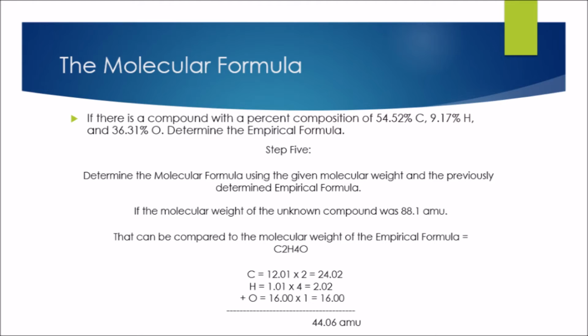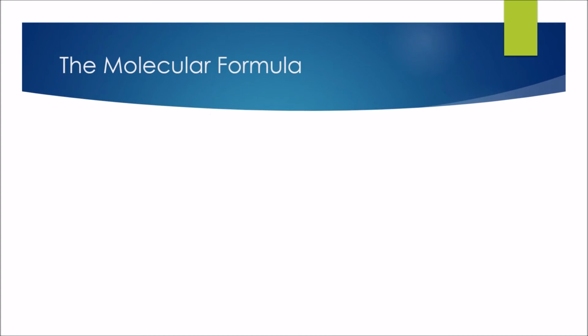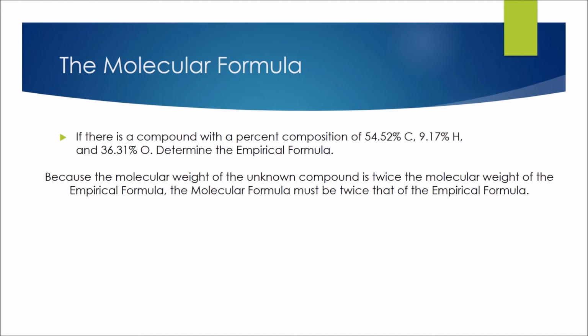You would find the molecular weight for each of the elements, and it would add to give you 44.06 AMUs. Because the molecular weight of the unknown compound is twice the molecular weight of the empirical formula, the molecular formula must be twice that of the empirical formula.